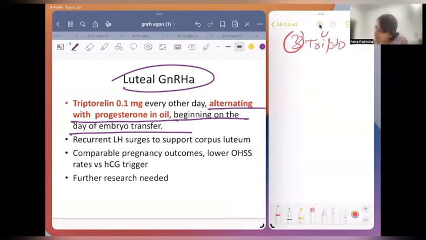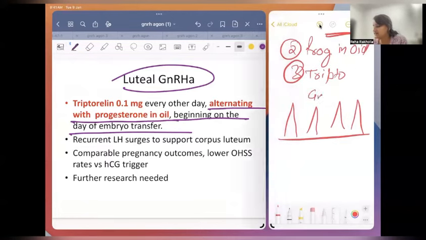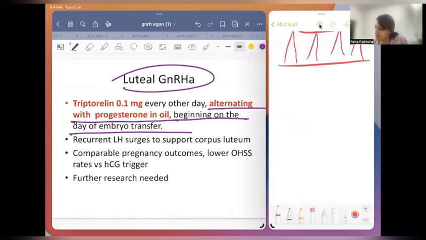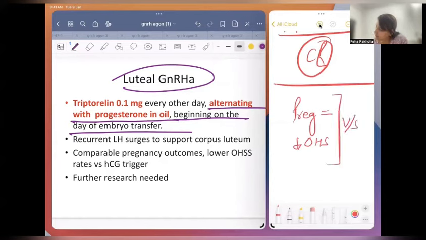What this will do is cause a recurrent LH surge to support the corpus luteum. Comparable pregnancy outcome is good, and decreased OHSS risk compared with HCG trigger.